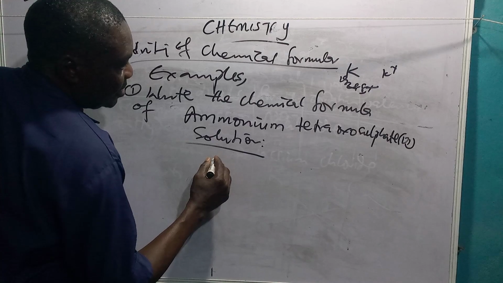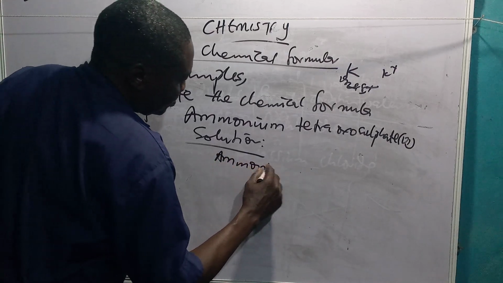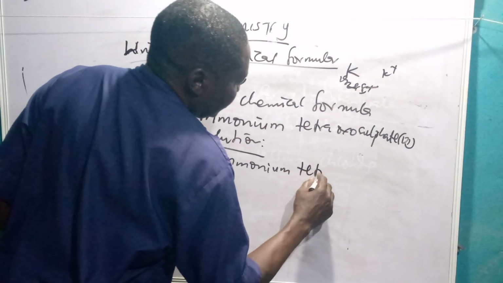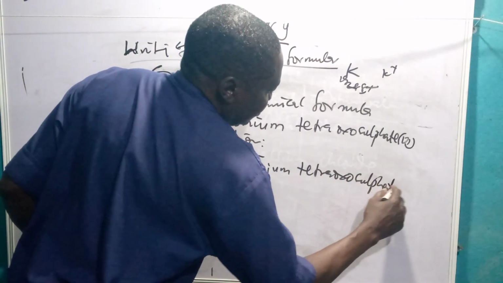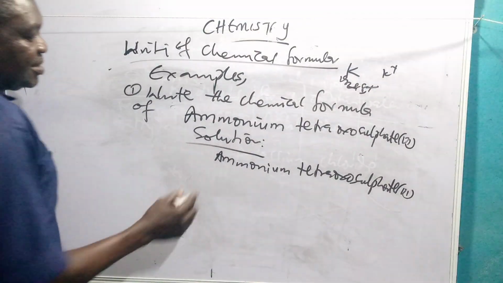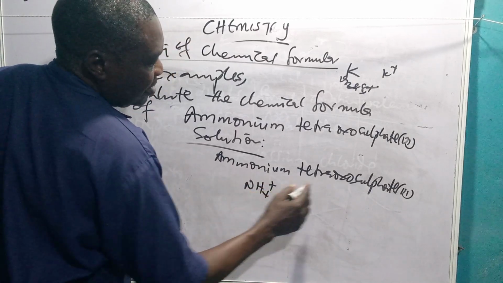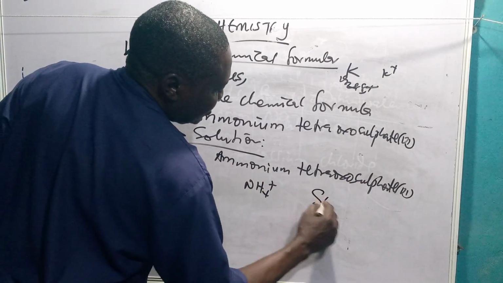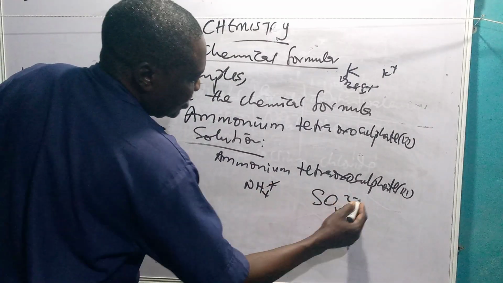You write the name again, ammonium tetraoxosulfate 6. Both of them have to do with radicals. Ammonium is NH4 plus, tetraoxosulfate 6 is SO4 2 minus. You see it. Now the charge will cancel itself out.